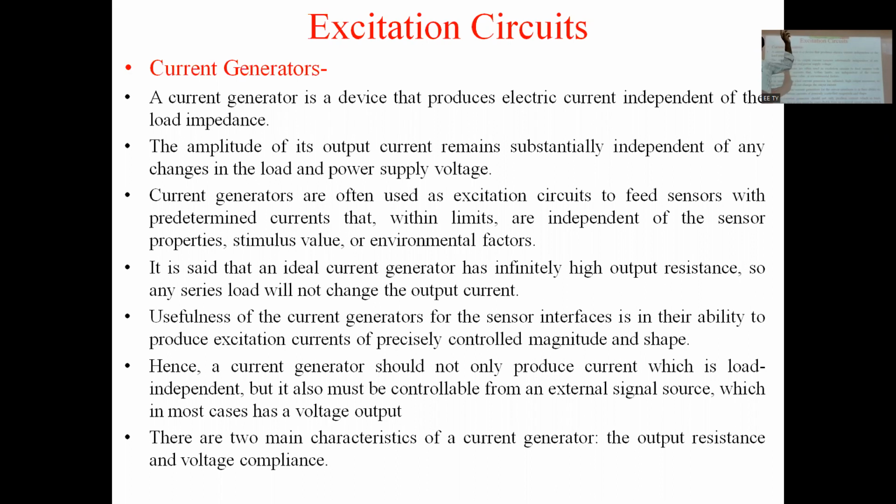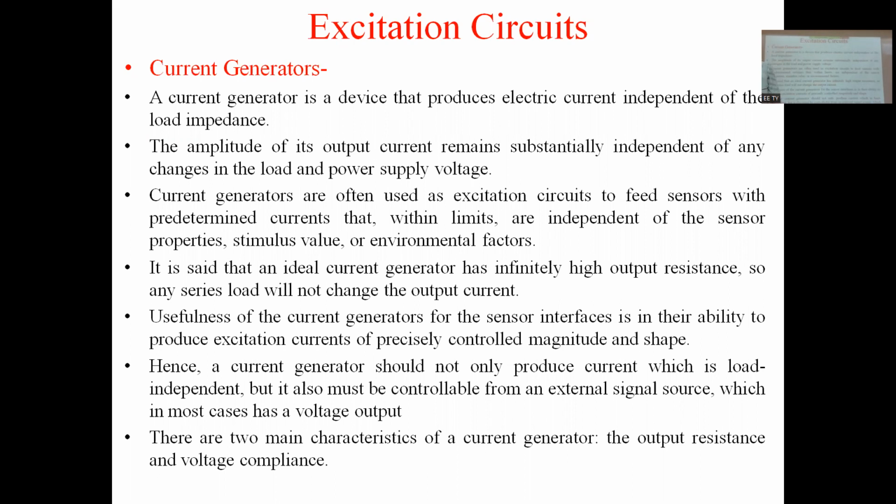Already current generator किंवा interface input characteristics बघितल्या, त्याच्यामध्ये current generator होता. So it is one type of device that produces an electric current, electric current produce करतोय and which is independent of the load impedance.